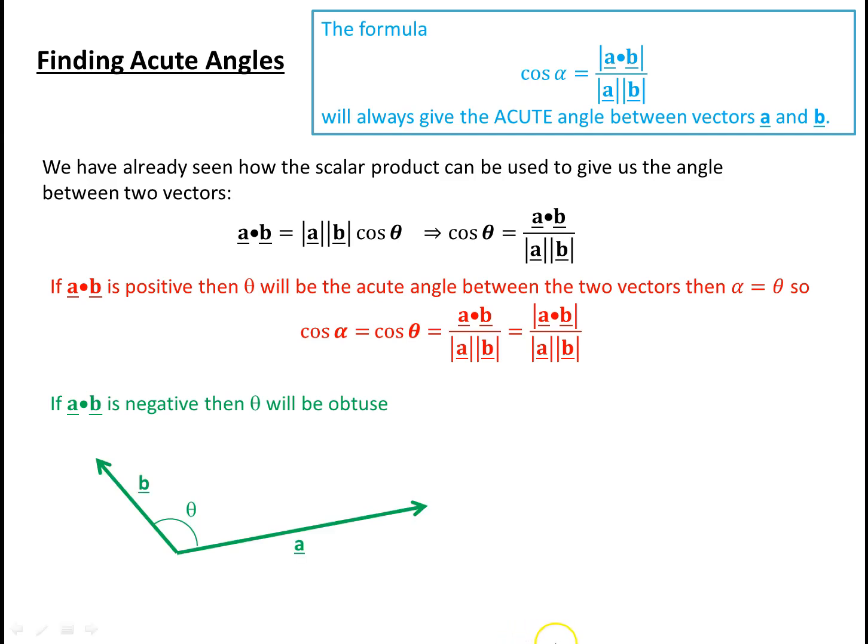So we might be in the position where A and B look like this. We've got an obtuse angle between A and B, and the acute angle between the directions of A and B is going to be the angle alpha, where alpha is 180 minus theta.